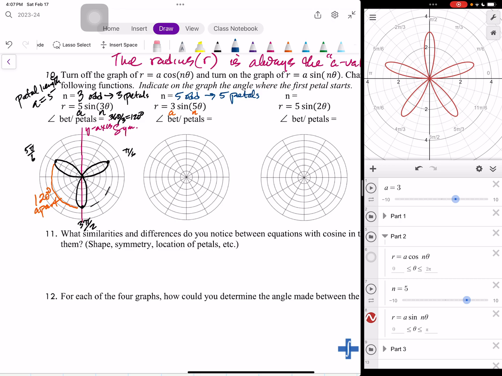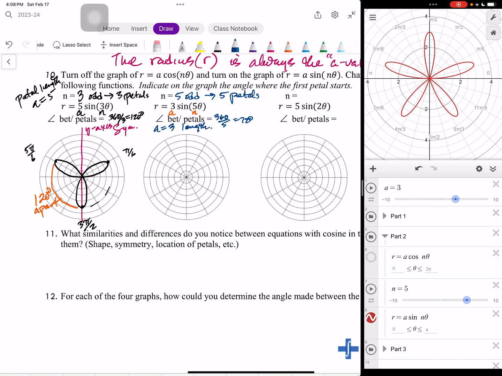So the angle between petals here, same thing: 360 divided by 5, that's 72 degrees. That's going to be fun. The A is 3 here, so the petal length is 3.